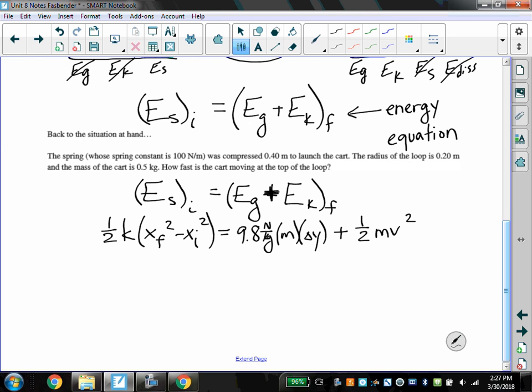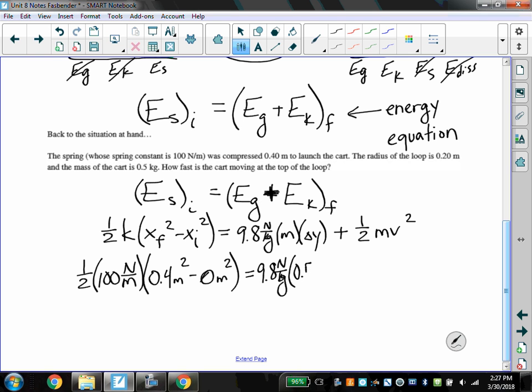So let's try to fill in the numbers that we know. We know that k is 100 newtons per meter. We know that the final stretch is 0.4 meters, so we will square that. And then we'll just assume that 0 is our other stretch. That has to equal 9.8 newtons per kilogram times the mass of the cart, which is 0.5 kilograms, times how high the cart is in the air.